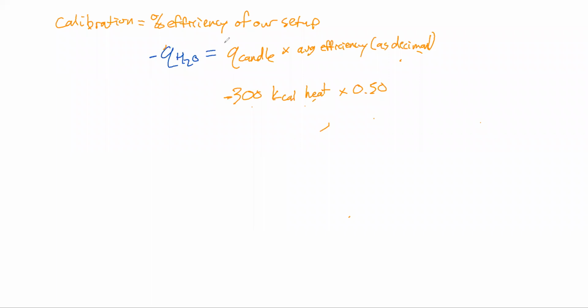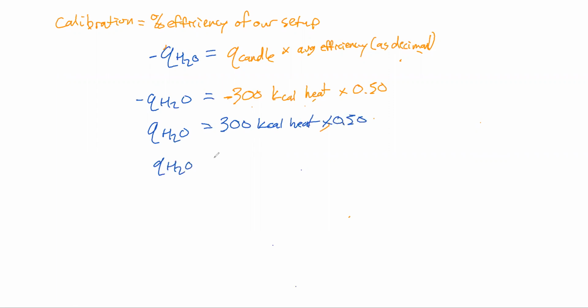Our water is going to go up by a certain amount. So our heat of our water that is going to increase, we'll move our negative over. So this becomes 300 kcal of heat times 0.50. And so we should see a change of 150 kcal. Okay? And so that's how we're going to use our part 1 to help us with our part 2.